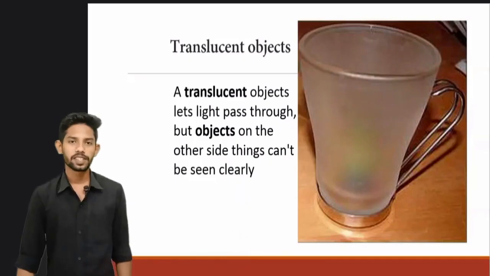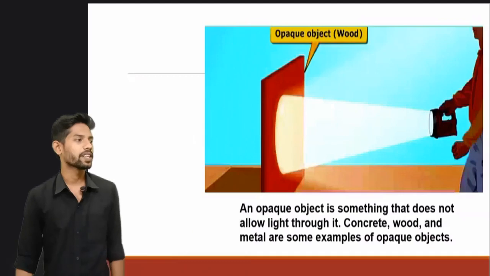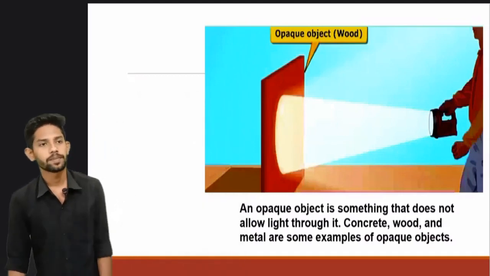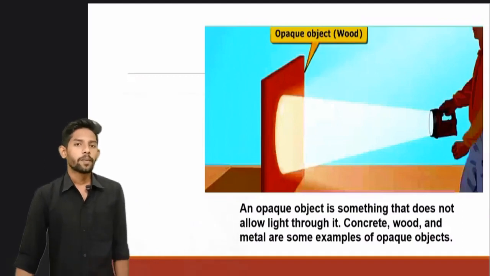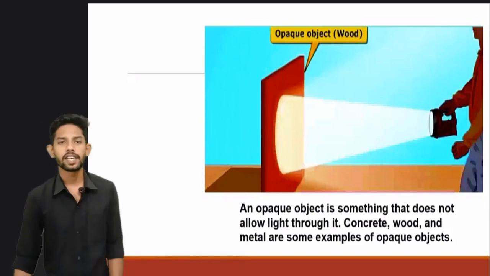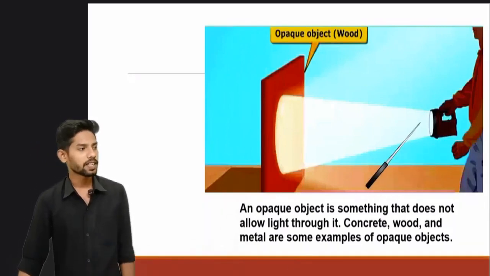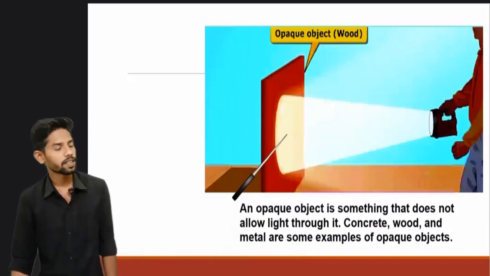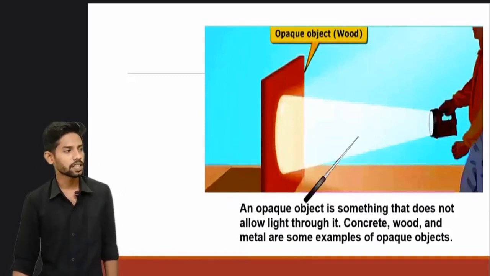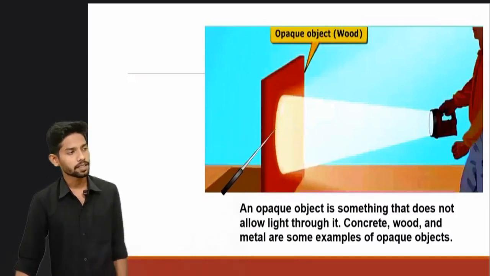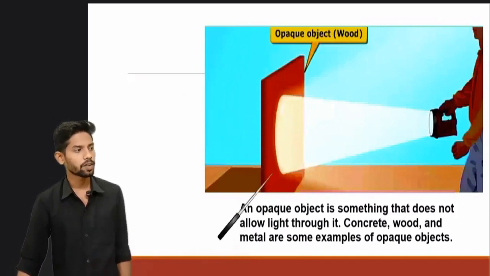So now we shall move into the next topic, that is opaque objects. Opaque objects means anything like wood, chair, human being, things, trees. You can see here a man is taking a torchlight and the torchlight is incident on the wooden piece, and the light is all falling on this wooden piece and it's not coming outside, right?